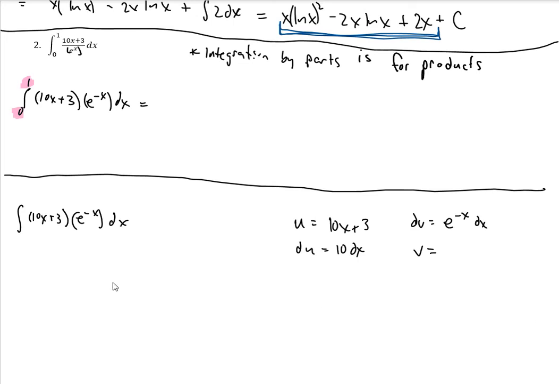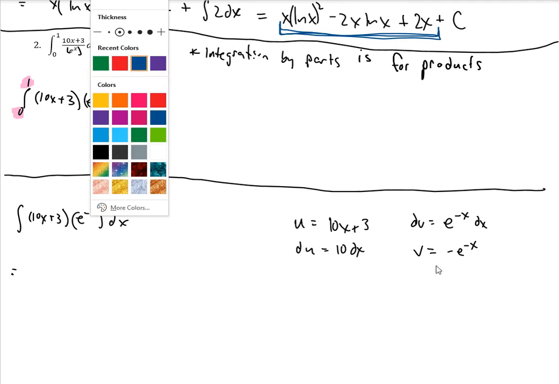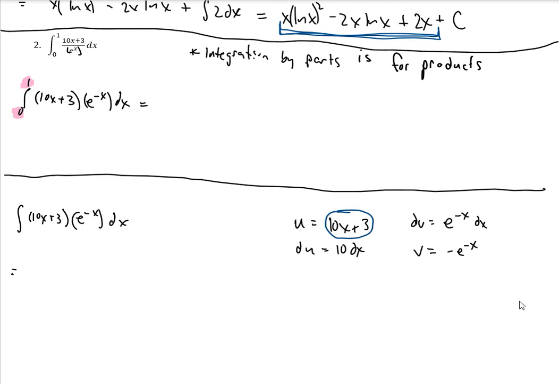Okay, so we have our u and then our dv. And then with this, the integral is negative e to the negative x. All right, there it is. So this is our table that sets it up. And then from here, we could do our integration by parts formula, which tells you take this and multiply them.